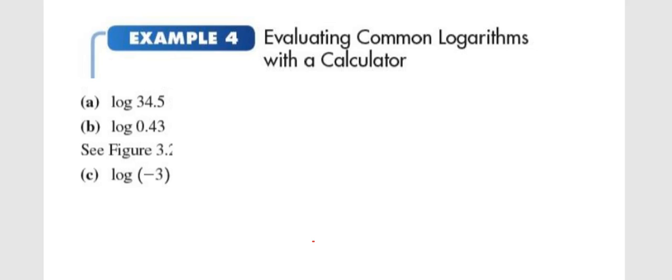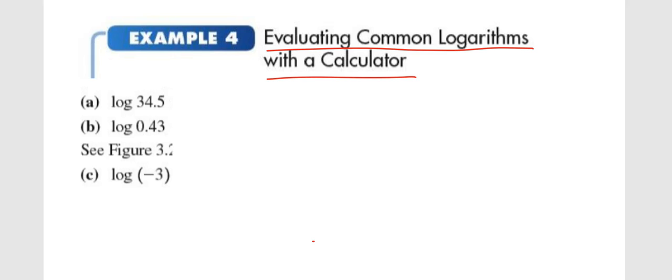I know that in the past problems I've said set it equal to x, but what I want you to understand is they're asking you to evaluate common logarithms. You're using a calculator. As you can see, these are all base 10 logarithms. So, log 34.5.